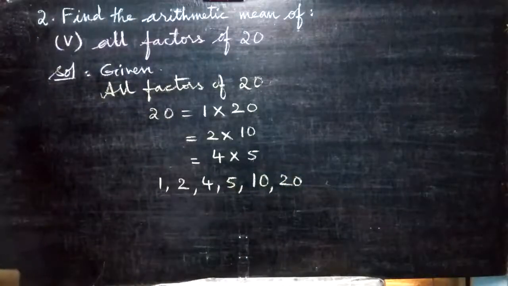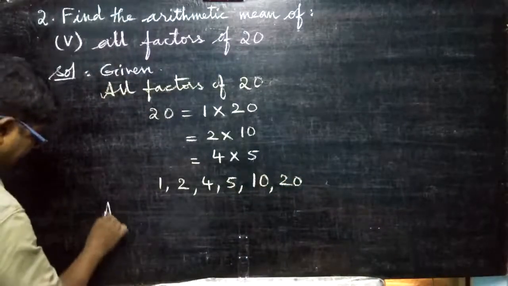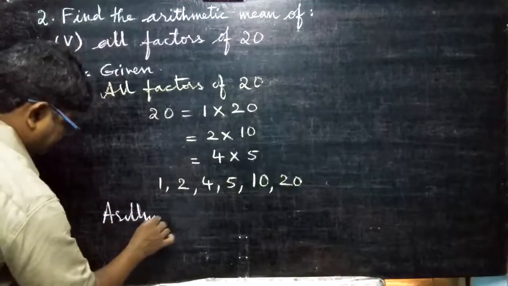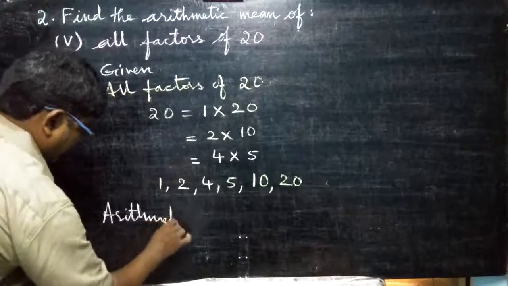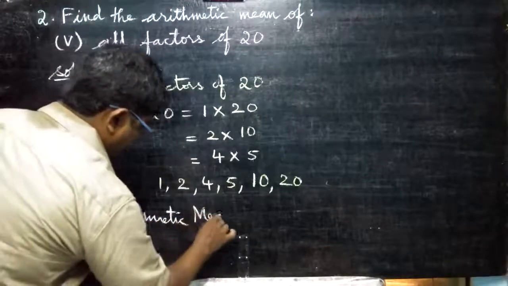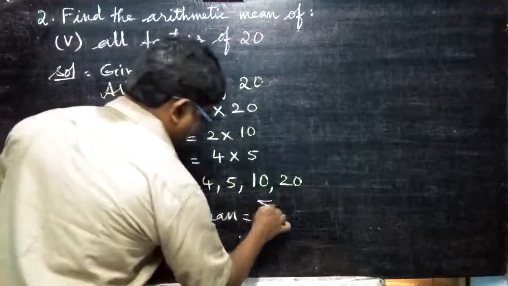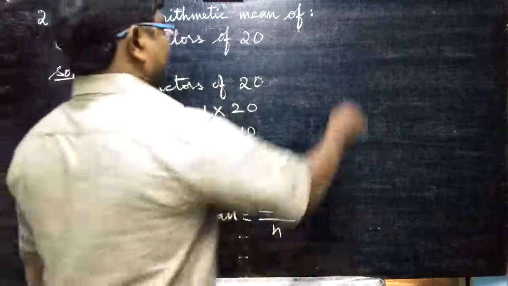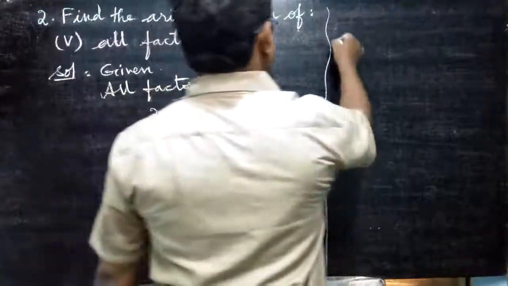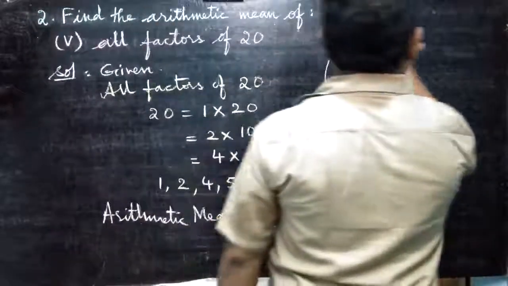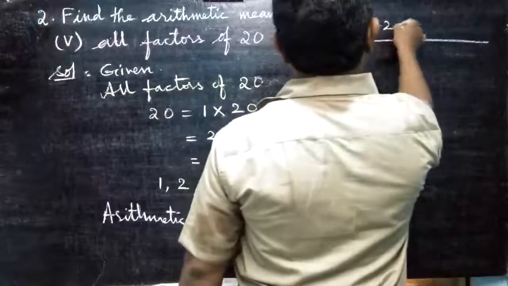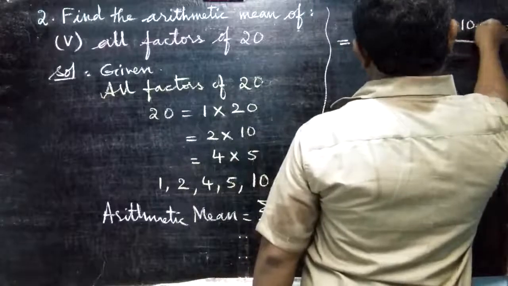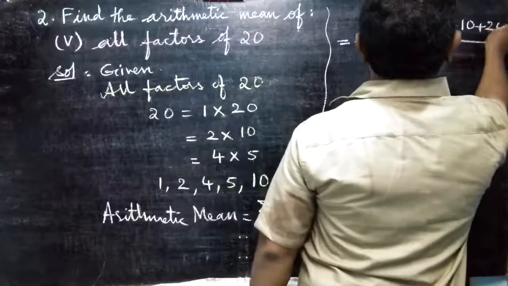Now they are asking to find arithmetic mean. Arithmetic mean formula is what? Sigma xi by n. Now simplify. That is equal to 1 plus 2 plus 4 plus 5 plus 10 plus 20.